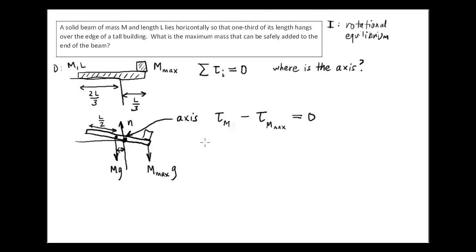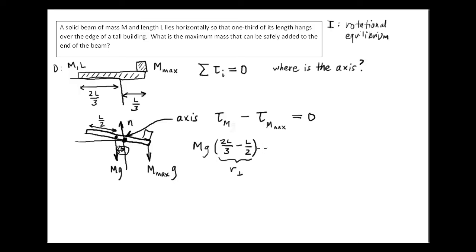And so what I want here then is the force, mg, times the perpendicular distance, and that's this distance right here. We can see that that's 2L over 3 minus L over 2. And I'll simplify that in a minute. But that's the force times this perpendicular distance that runs from the line of force to the axis.